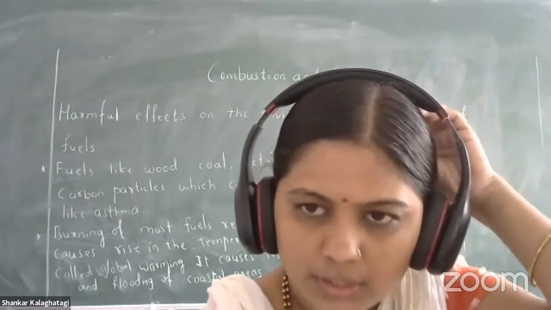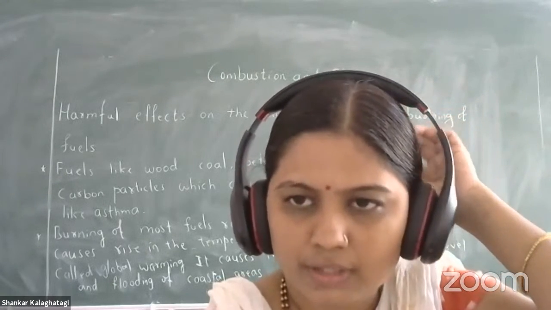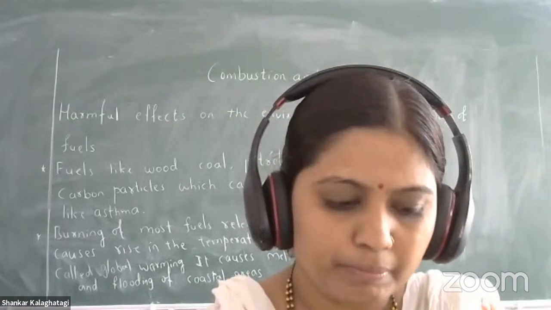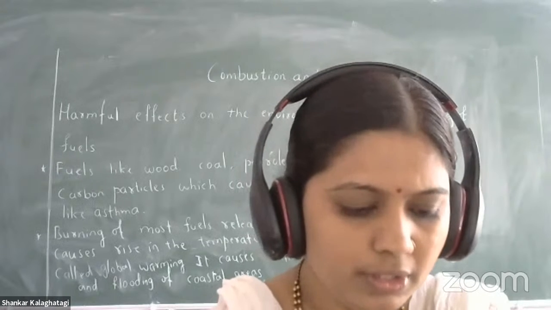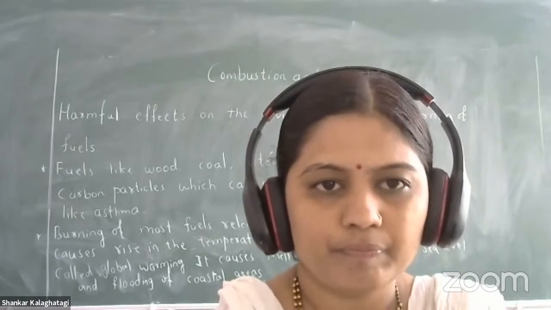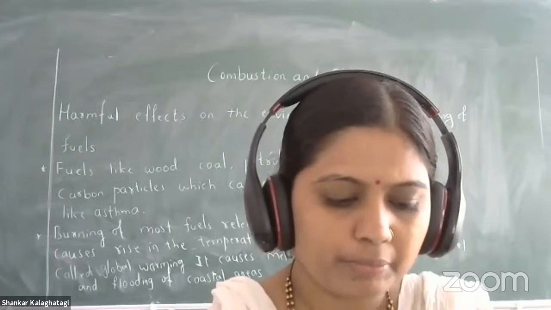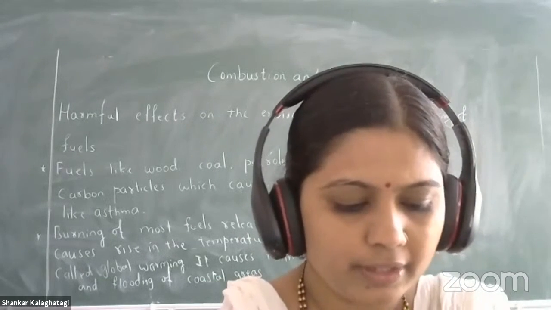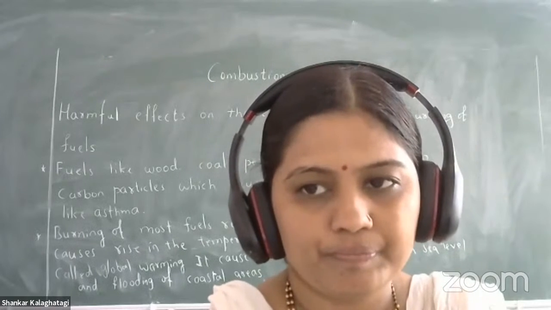You know that CO2 is heavier than oxygen. So it covers the fire like a blanket and also brings down the temperature of the fuel. Since the contact between the fuel and oxygen is cut off, the fire comes under control.